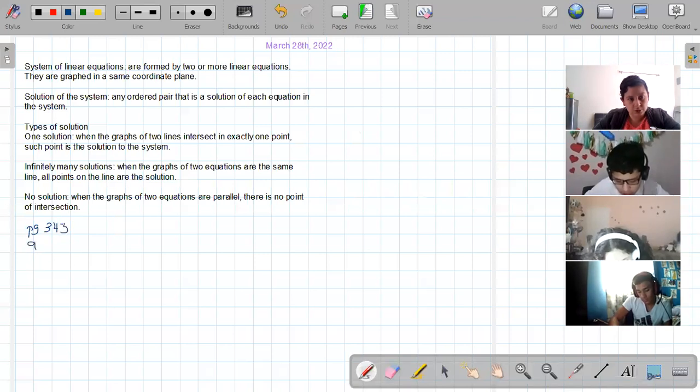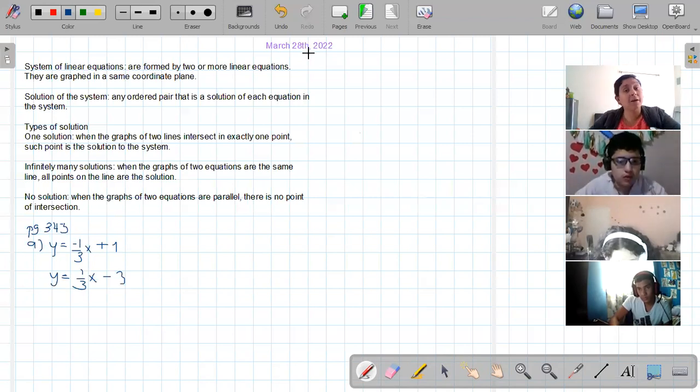Exercise 9 says, y is equal to negative 1/3 x plus 1, and y is equal to positive 1/3 x minus 3.